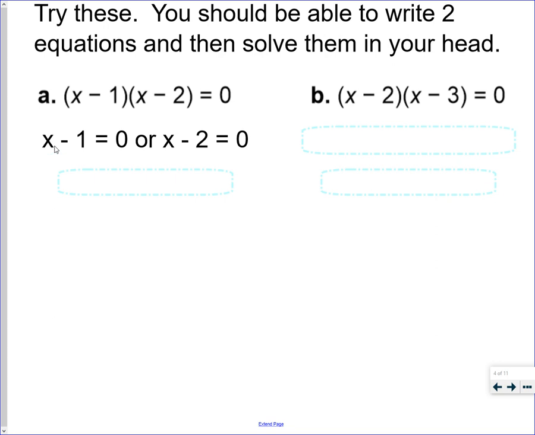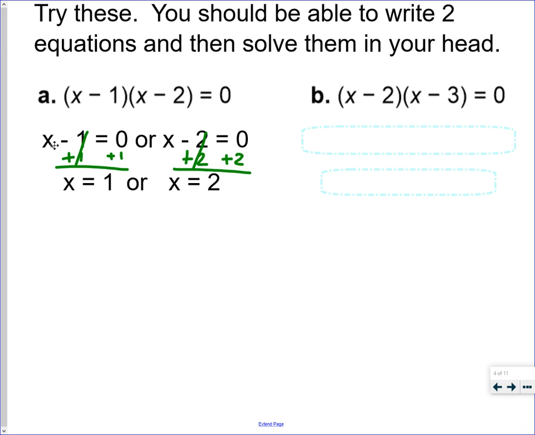If I say what number minus 1 gives me 0, or what number minus 2 gives me 0, I would get either 1 or 2. And again, you could show that work. And if you're a person that really likes to always do things exactly the same way and you just want to show your work because that's what you're used to, no problem.